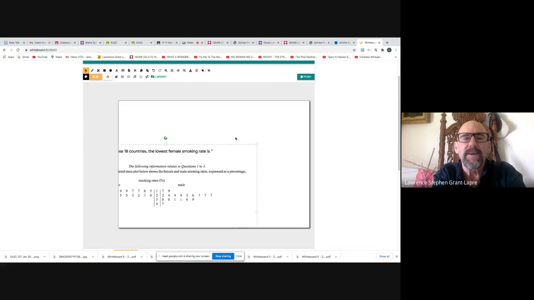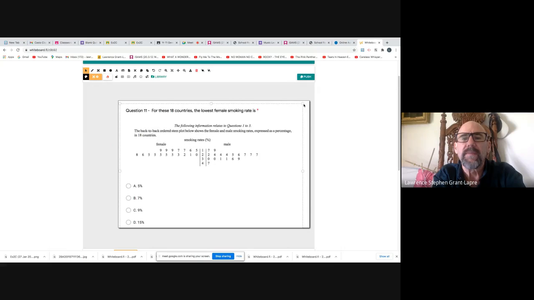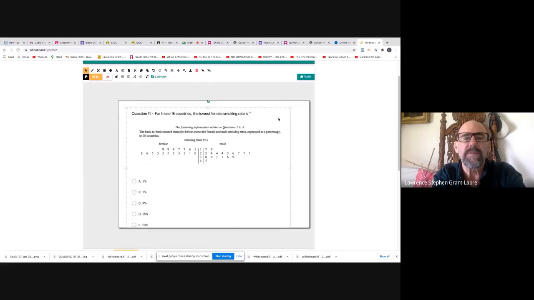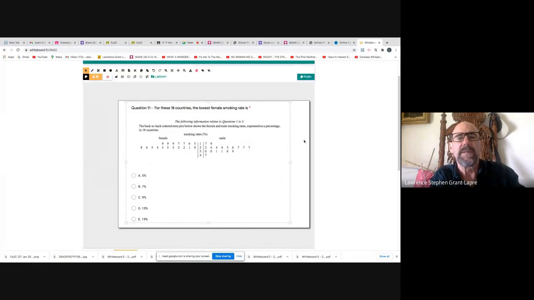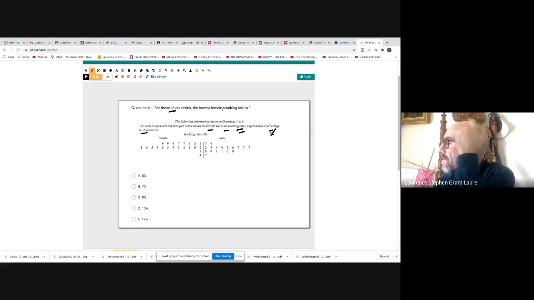Okay. Make it a bit smaller so we can get all the numbers. The back-to-back shows females and males smoking rates expressed as percentages in 18 countries. For these 18 countries, find the lowest female smoking rate. Lowest female, so this side here.